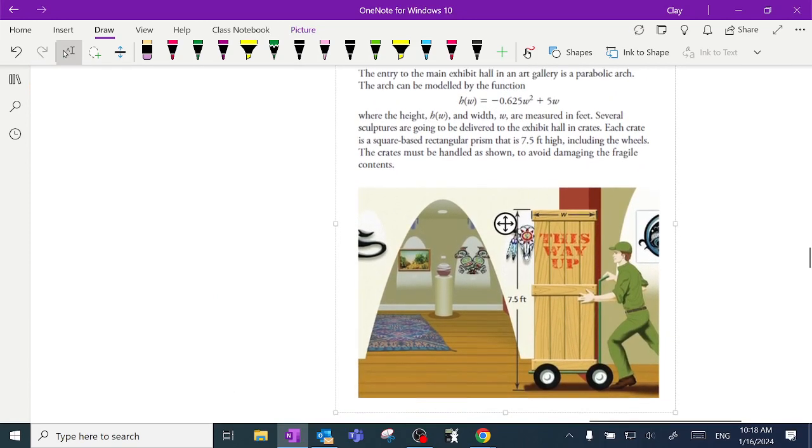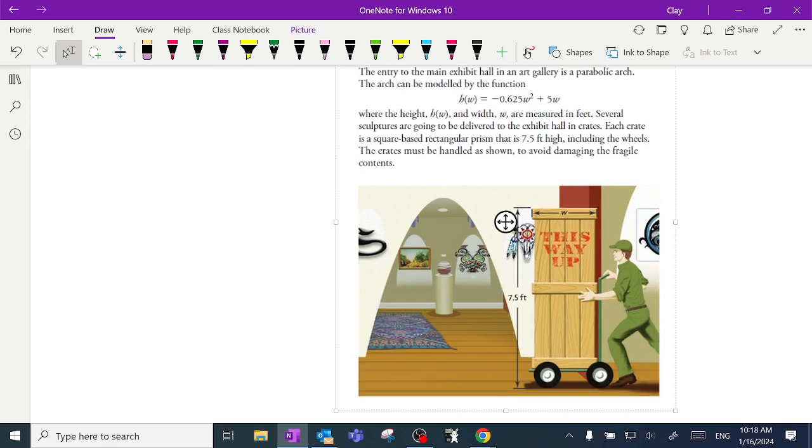The entryway to the main exhibit hall in an art gallery is a parabolic arch, like so. Okay? And there's an equation that models the shape of this arch. There's the equation. Now, several sculptures are going to be delivered to the exhibit hall in crates. Each crate has a square-based bottom, and it's 7.5 feet high.